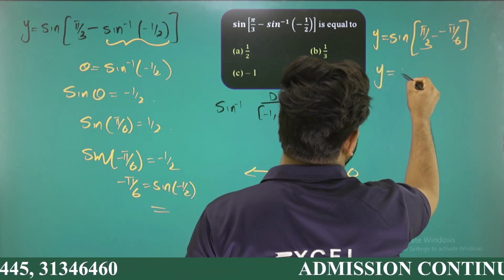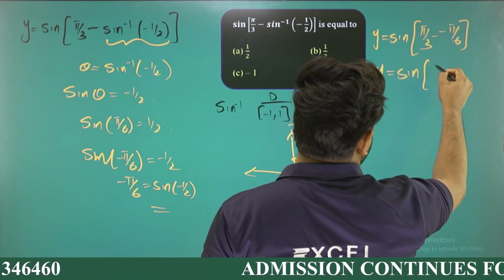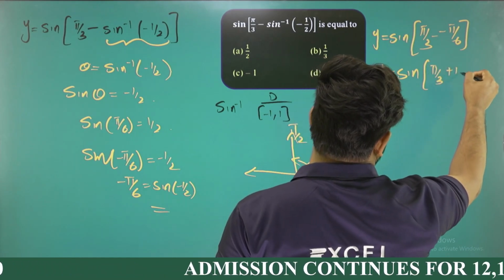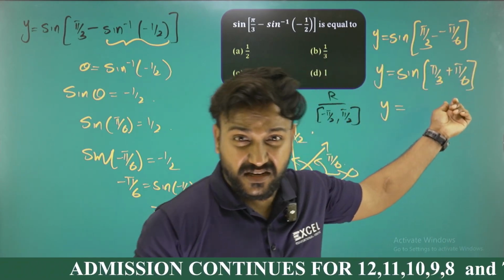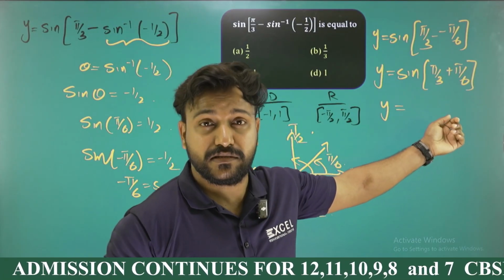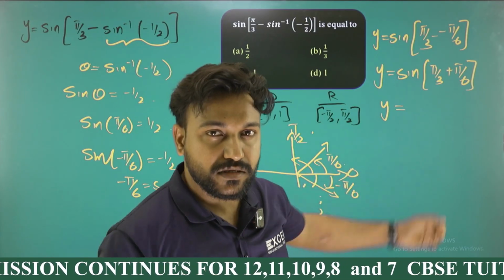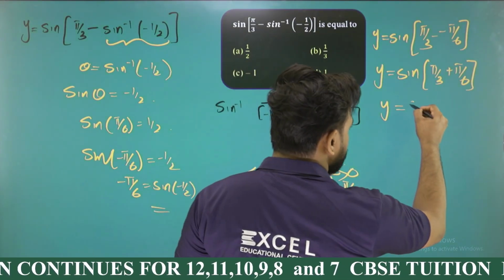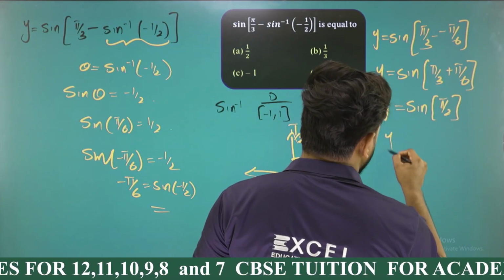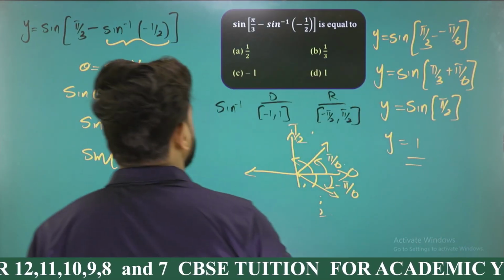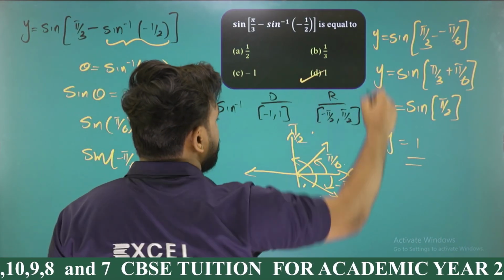So y is equal to sine of pi by 3 plus pi by 6. Pi by 3 means 60 degrees and pi by 6 means 30 degrees. 60 degrees plus 30 degrees is 90 degrees. We can write it in radian measure as sine pi by 2. The value of sine pi by 2 is 1. So which option? Option D.